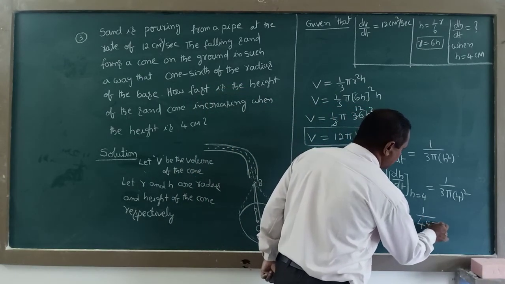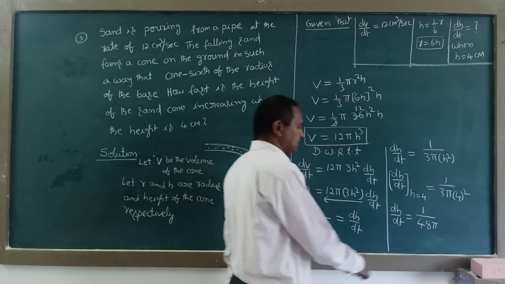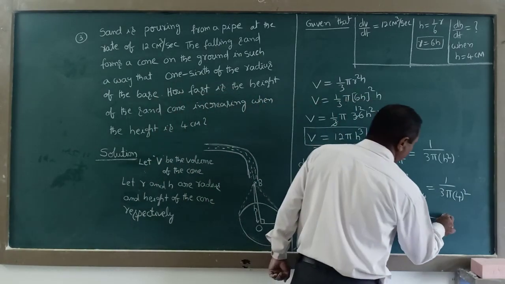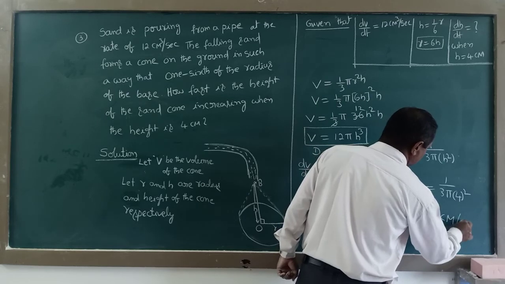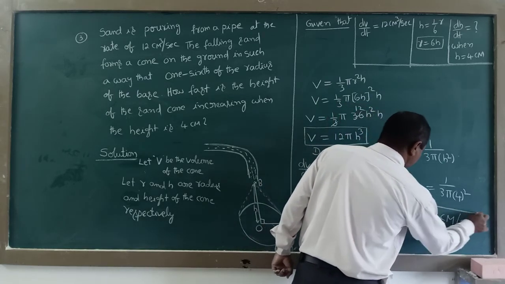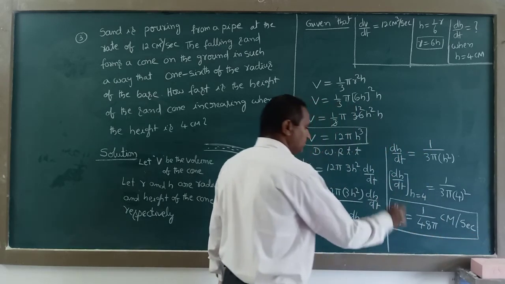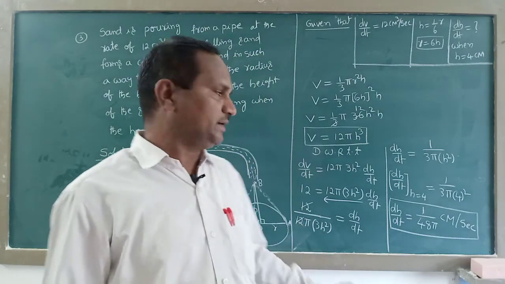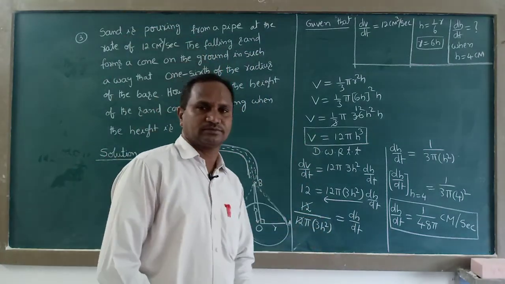And as this pi is there, that's why the answer can be written as 1 by 48 pi centimeter per second. Like that, the rate of change of height for this question will be 1 by 48 pi centimeter per second.